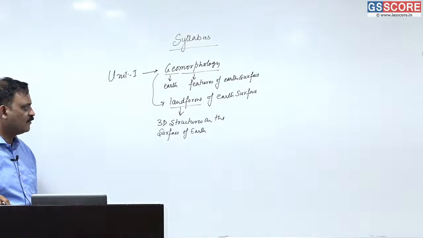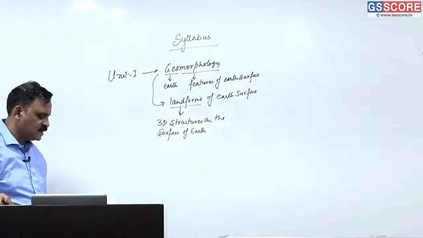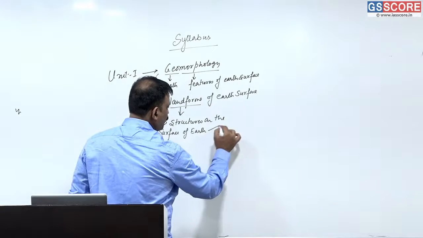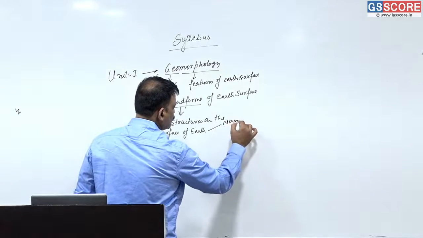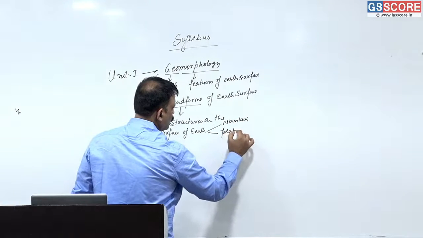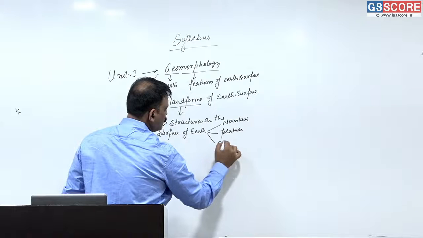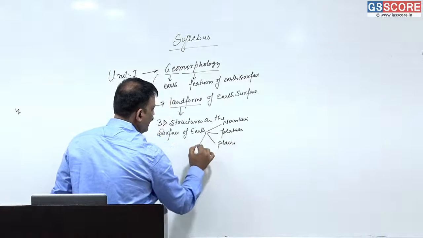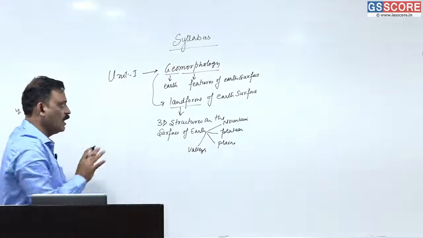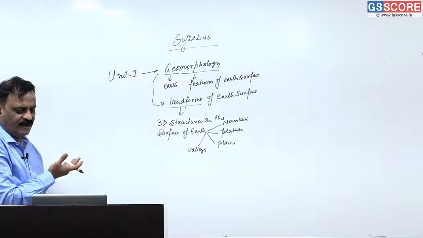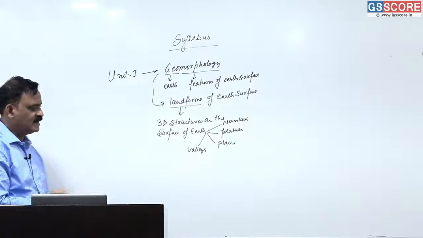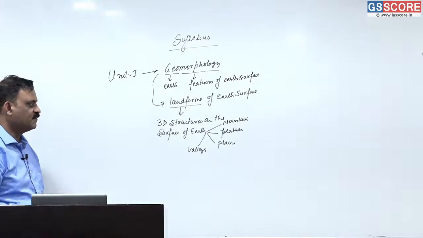I can give you some examples also. For example, you call mountains, plateaus, plains, valleys. You can take these mountains, plateaus, plains and valleys as examples of landforms on the surface of the earth.